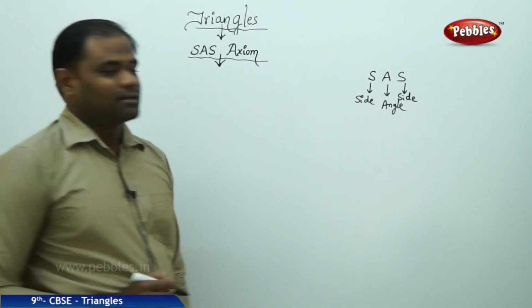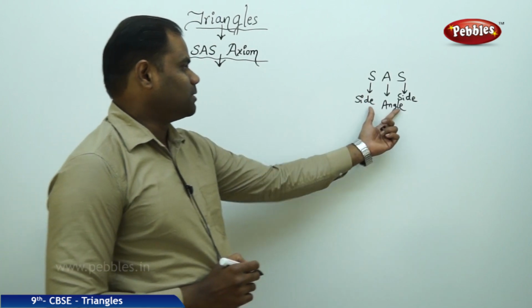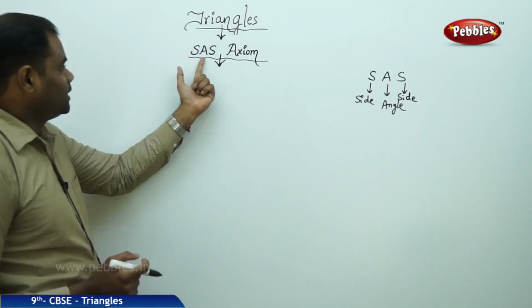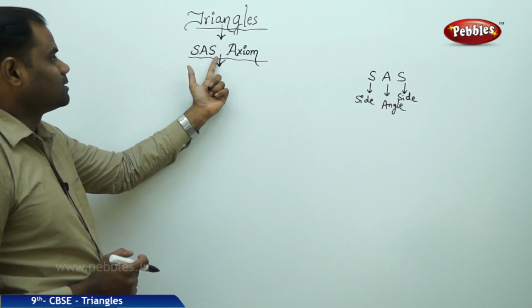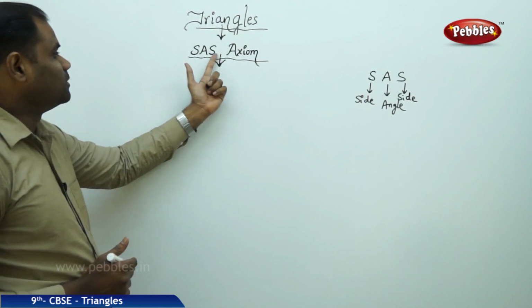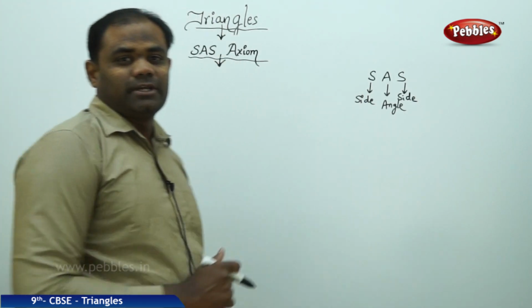So SAS refers to side, angle, and side, and this angle is between the two sides. That is how we understand the SAS, side angle side, axiom. Importantly, note the angle between the two sides which we take into consideration. So let's take the two triangles.